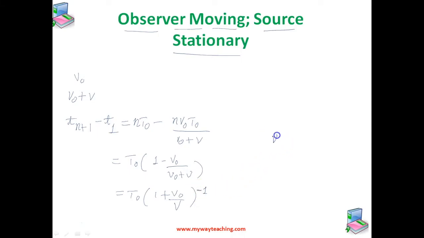And we can write the frequency as v equals v0(1 plus v0 by v). If v0 by v is small, the Doppler shift is almost the same whether it is the observer or the source moving.